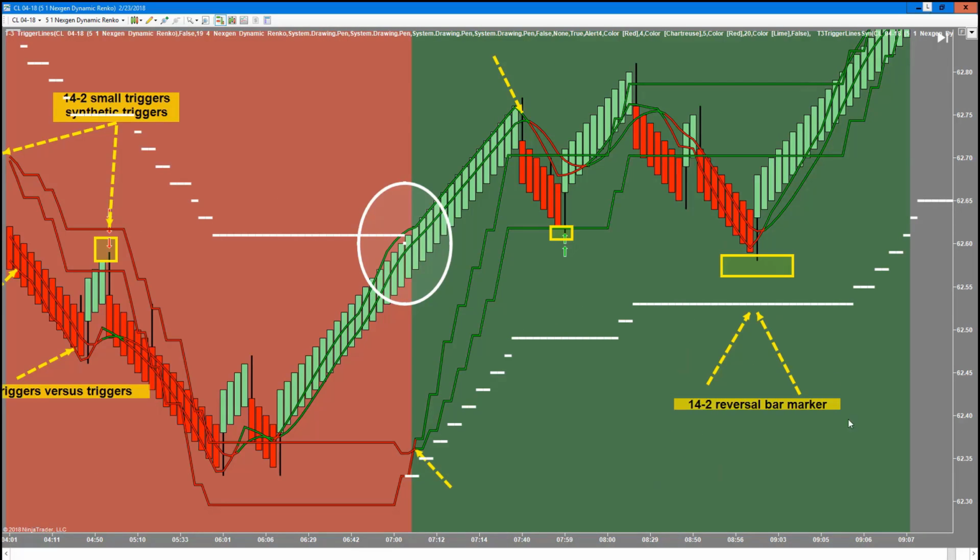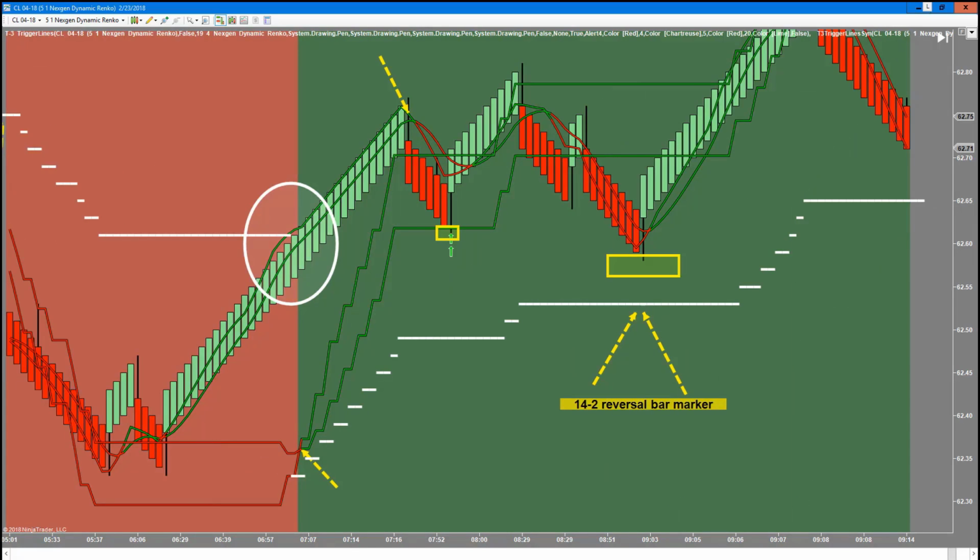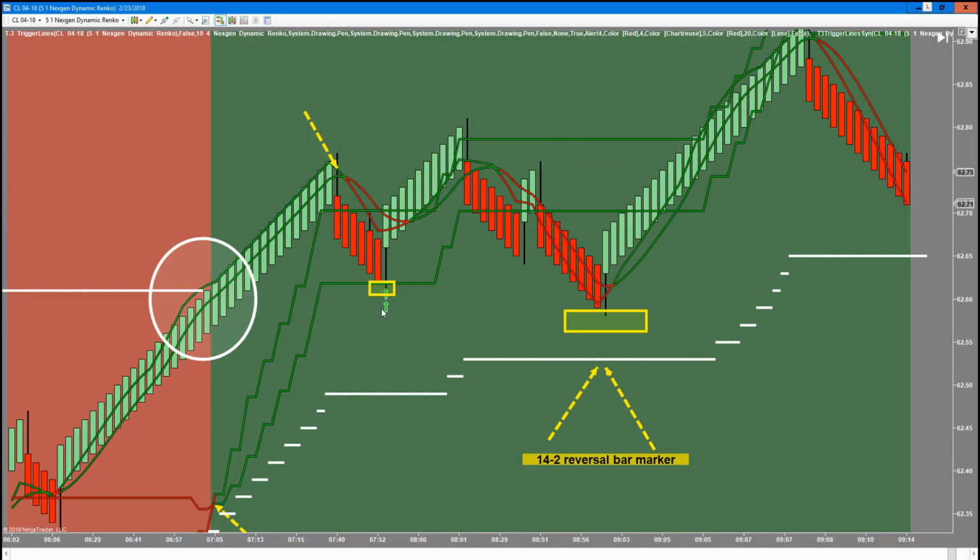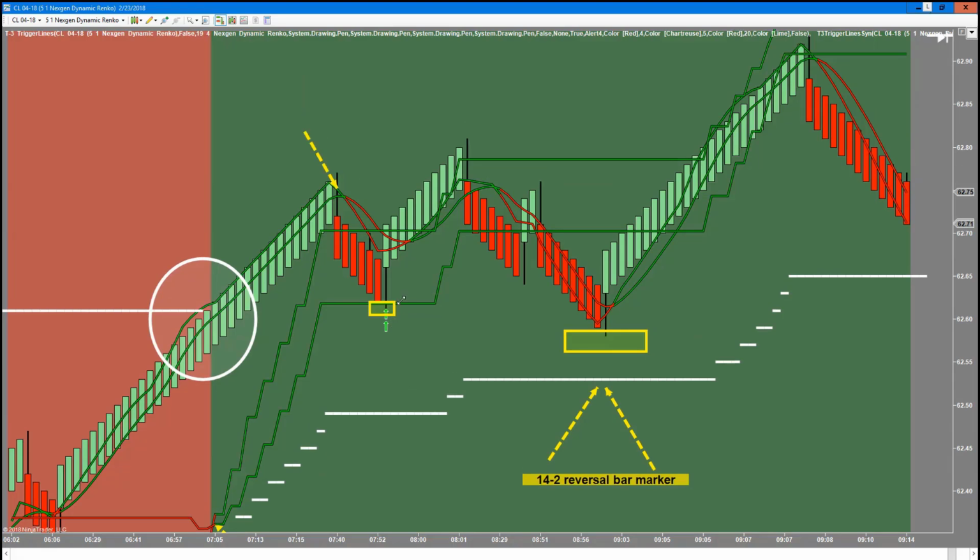So as you work your way through the rules, you'll see there will be situations where you'll have trend trades where the small triggers are on the correct side of your 14-2 triggers. And then we'll also be able to do trend trades that are on the wrong side as long as we do not exceed the 14-2 reversal bar marker. And as we start to add in Fibonacci support and resistance areas, this will become much more apparent to you.